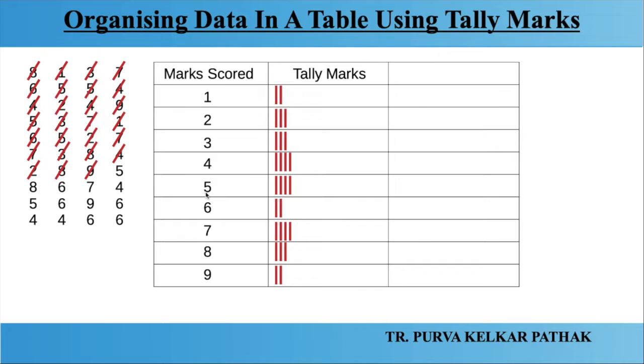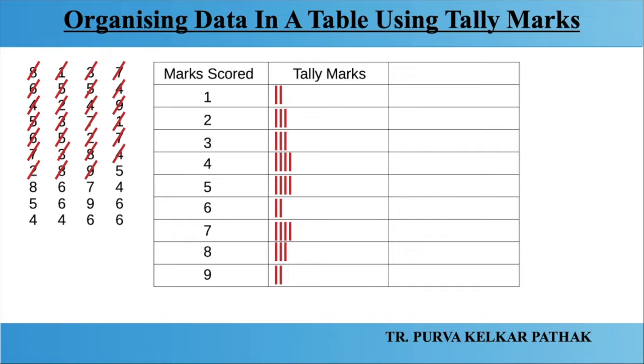In the table, if you observe carefully, there are 4 tally marks marked against 5. The fifth tally mark is always marked as a cross along the first 4 tally marks. Let us see how.